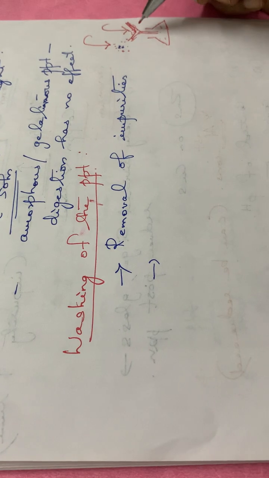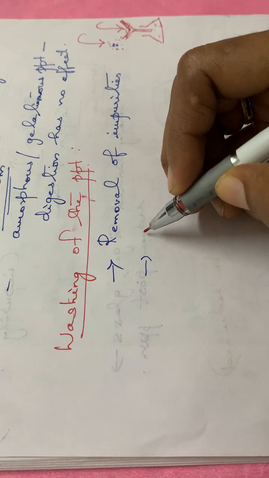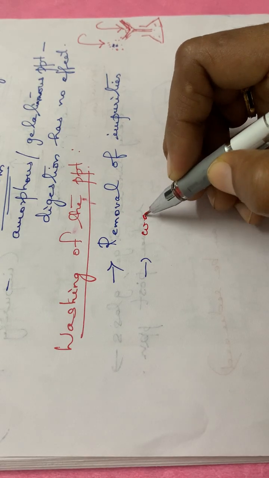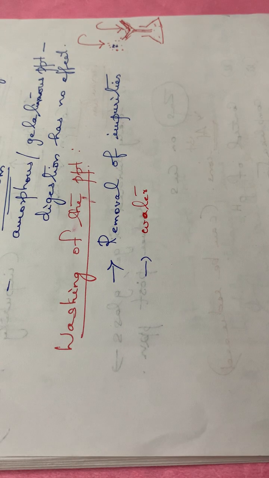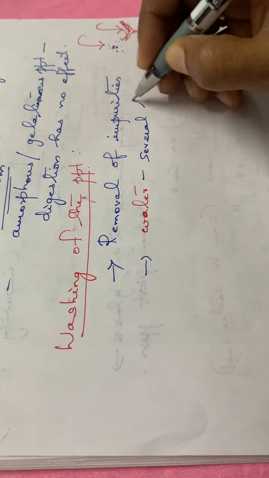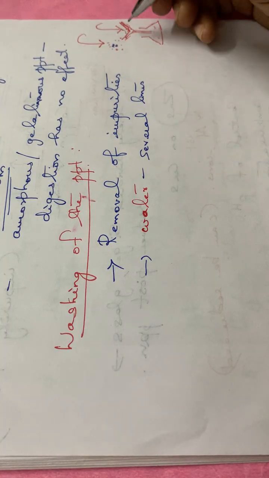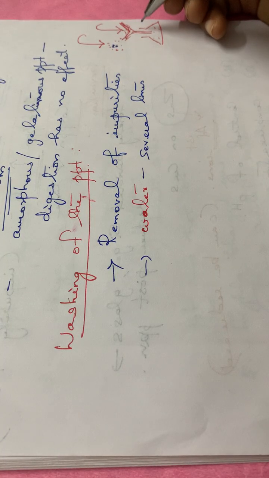Normally washing is done by water, using pure water several times. By adding a small amount of water and washing several times, some 4 or 5 times, that will be the most effective method.